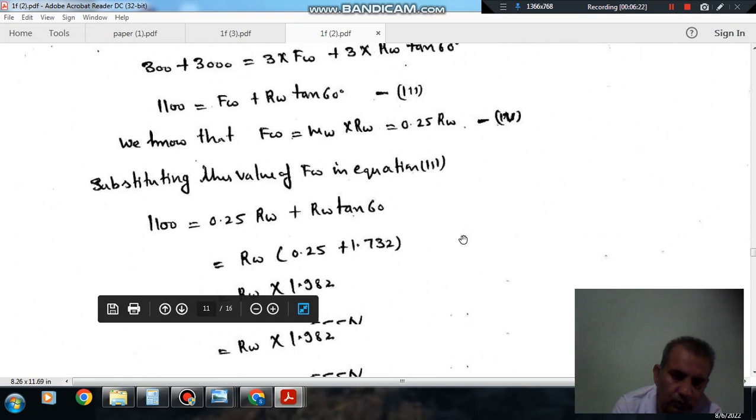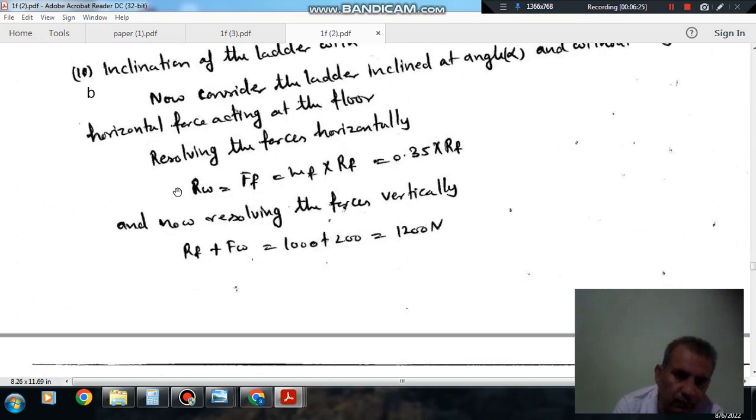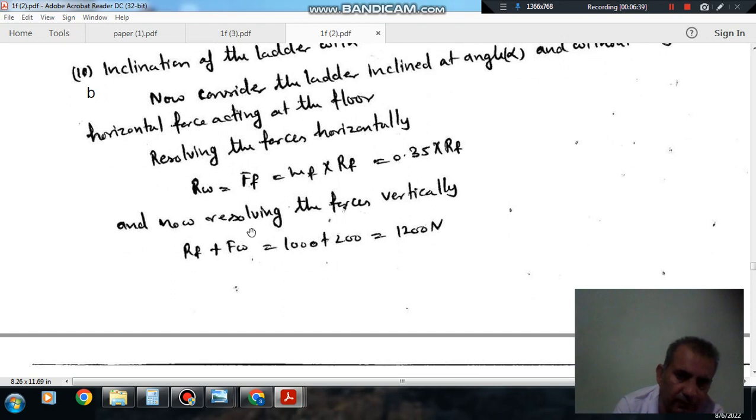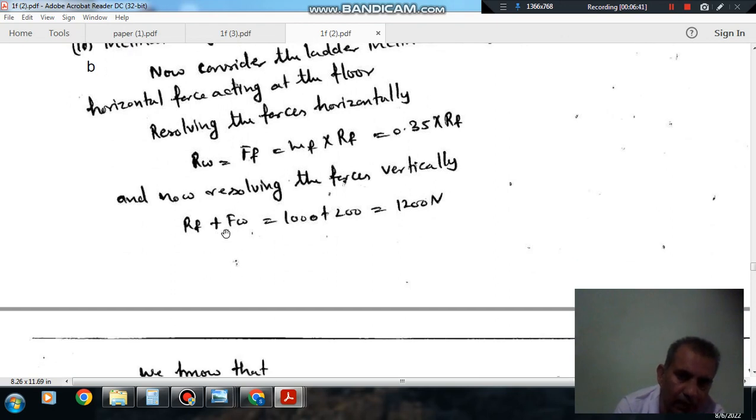Okay, so now we have two equations, RW is equal to FF, and FF is equal to mu RF, and mu F is your 0.35. So RW and RF can be related by 0.35 into RF. Similarly, vertical forces will give RF plus FW, that is 1200.